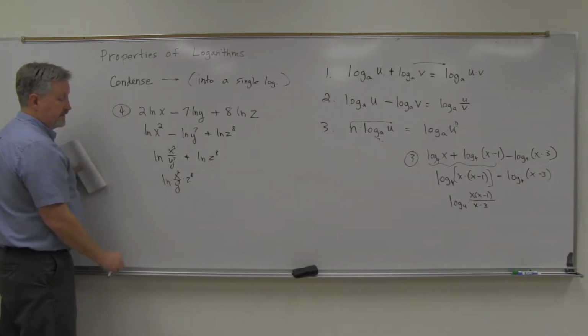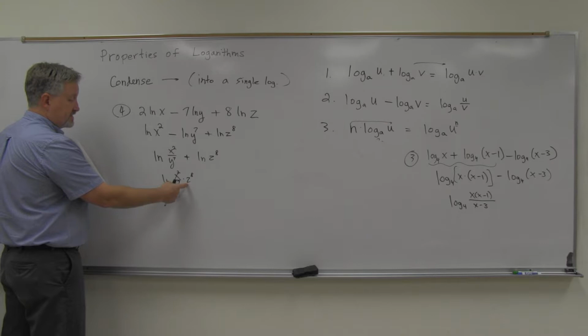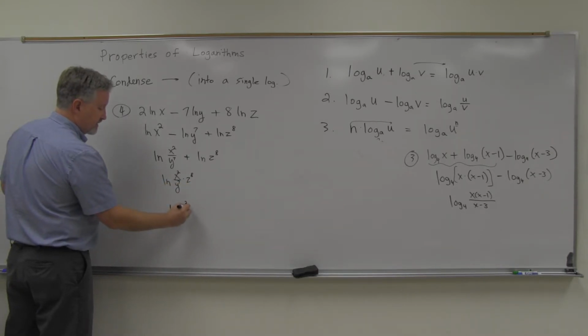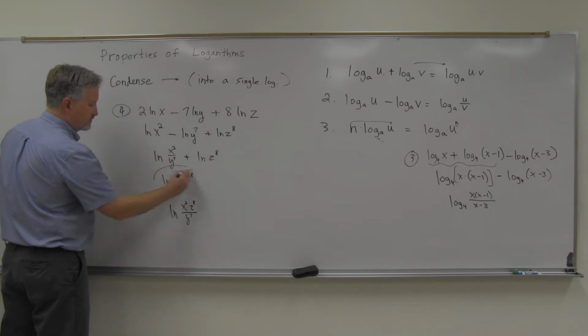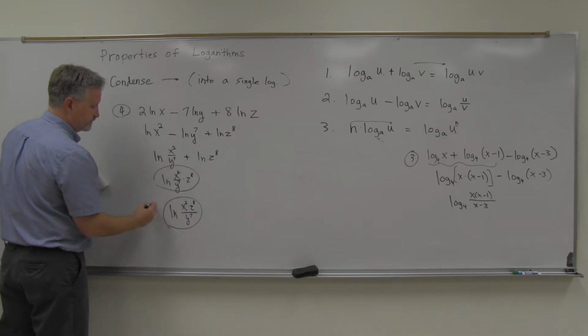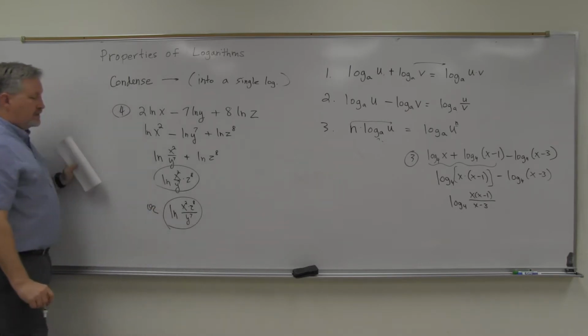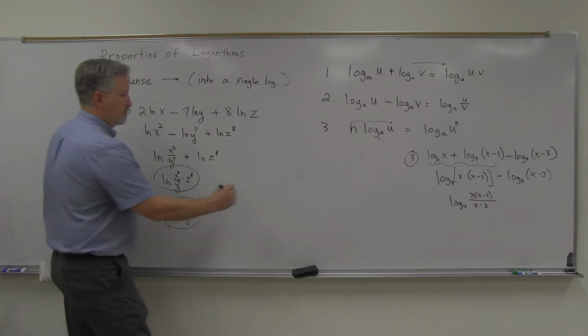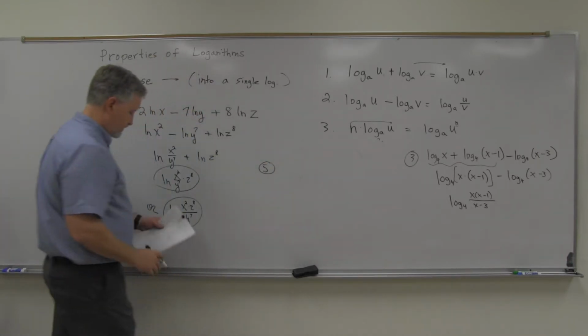Or, since that's z to the 8th over 1, we could say just ln of x squared times z to the 8th over y to the 7th. Either one of those would be okay. So it's okay? Problem, concern? All right. One more of these, and then we'll go the other way.